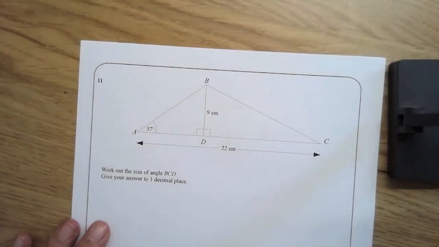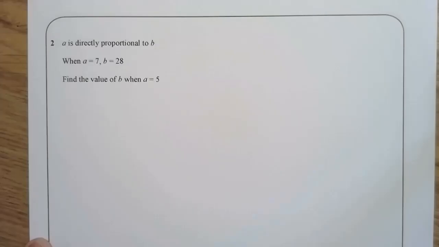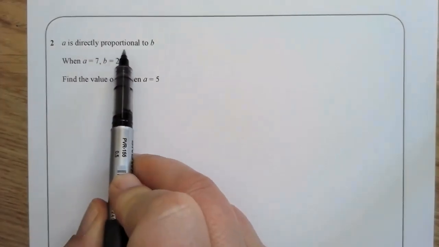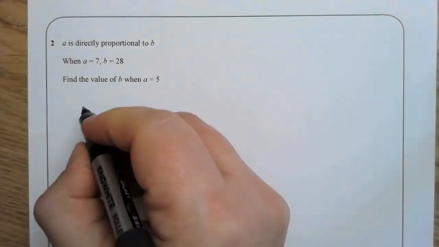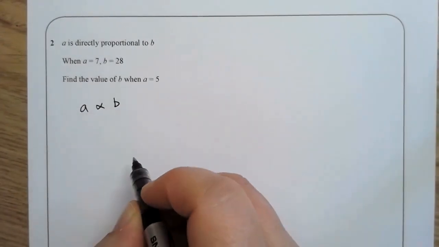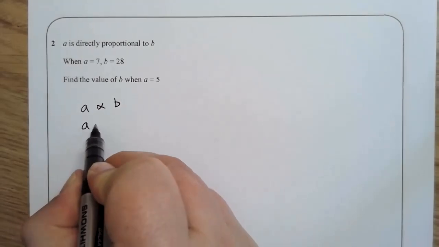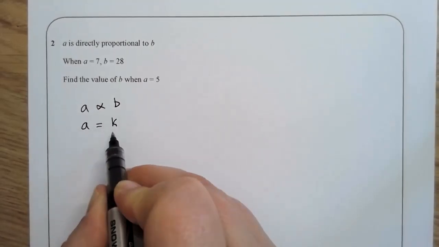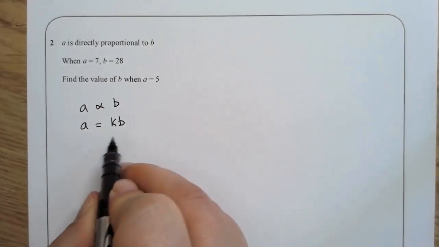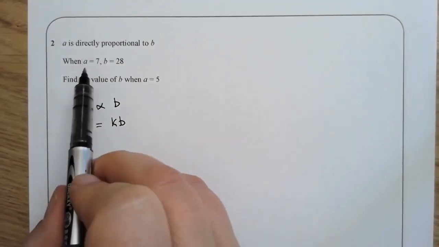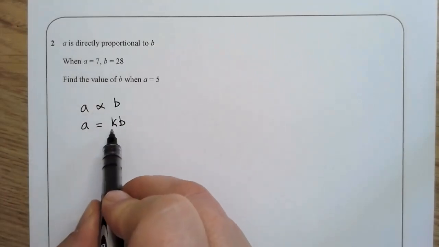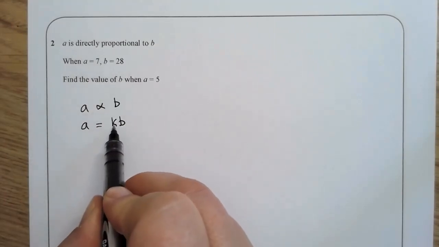So this question: A is directly proportional to B. So we can write A is directly proportional to B, or we could write it as A equals a constant K multiplied by B. We don't know what that is. We can see that when A is 7, B is 28. So K doesn't disappear. It's not a 1.